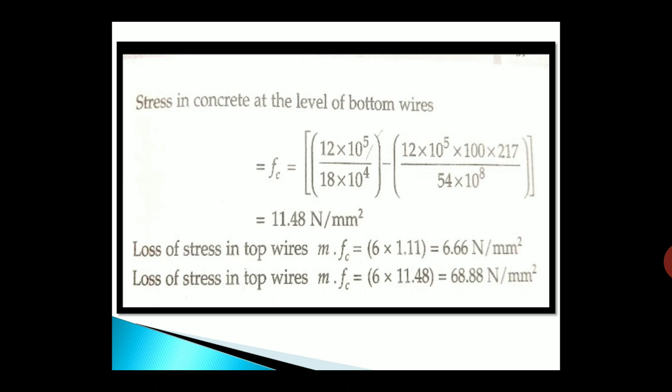So we get the loss as 6.66 Newton per mm square, and at the bottom we get the loss as 6 into 11.48, which is 68.88 Newton per mm square. So from the total applied pre-stress force, these two are the losses.